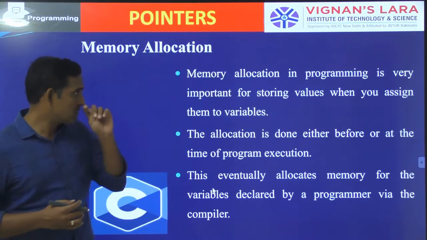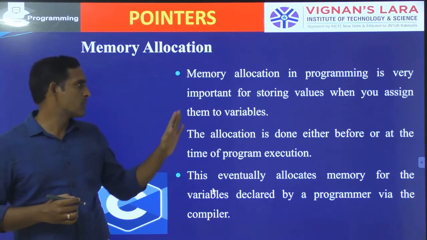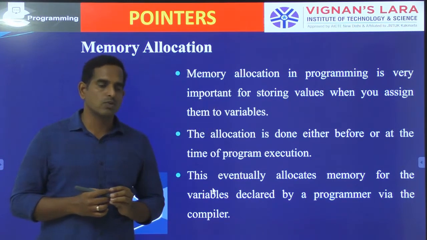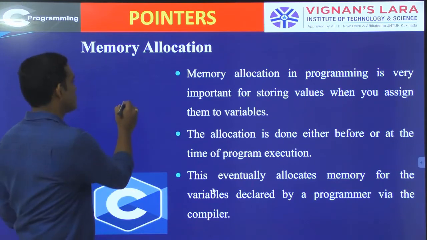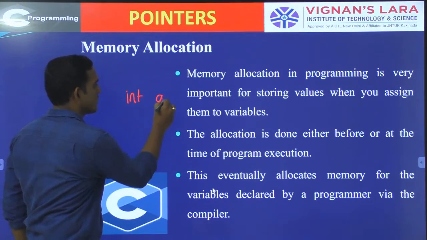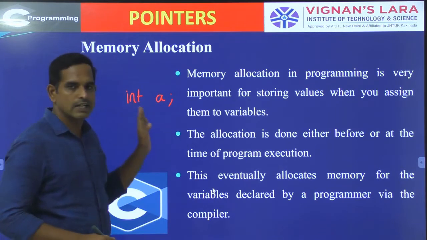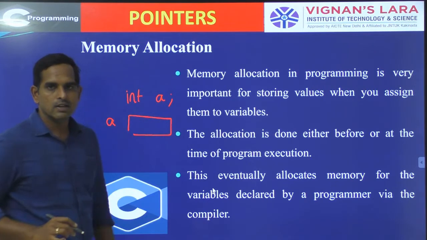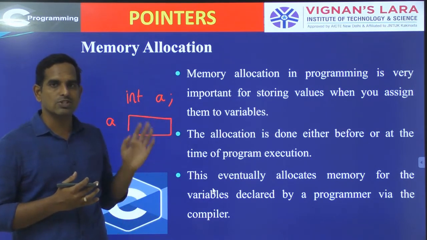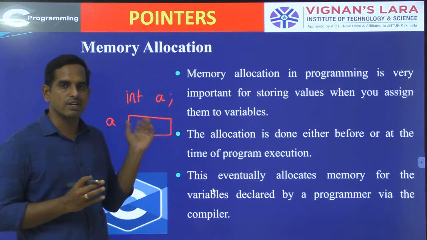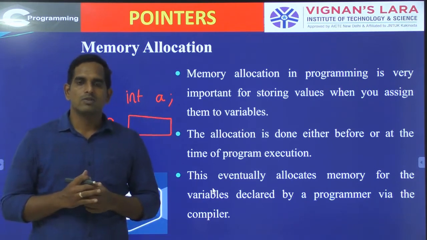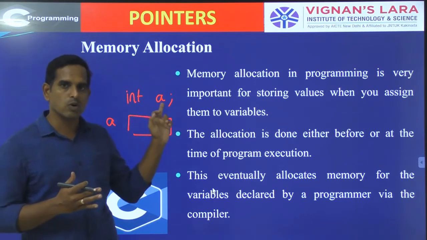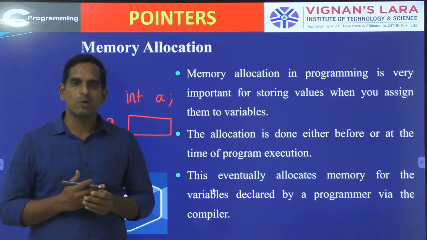First, what is memory allocation? Memory allocation in programming is very important for storing values when you assign them to a variable. So I think you remember, whenever you declare a value in the program, the declaration makes a memory location be assigned to A. Based upon the type of declaration you are doing, memory locations will be assigned for your particular variable A. These memory locations which we are assigning in your program memory, we will be calling memory allocation.